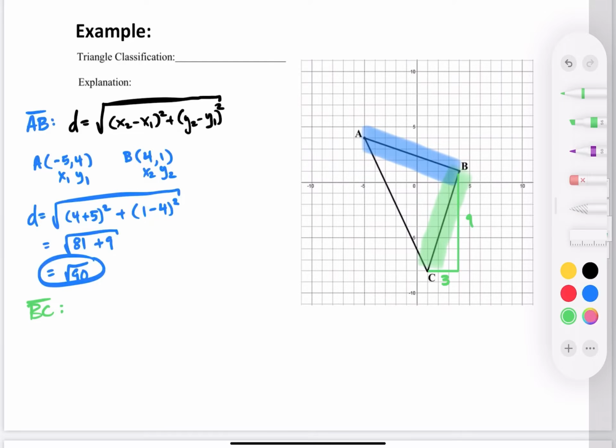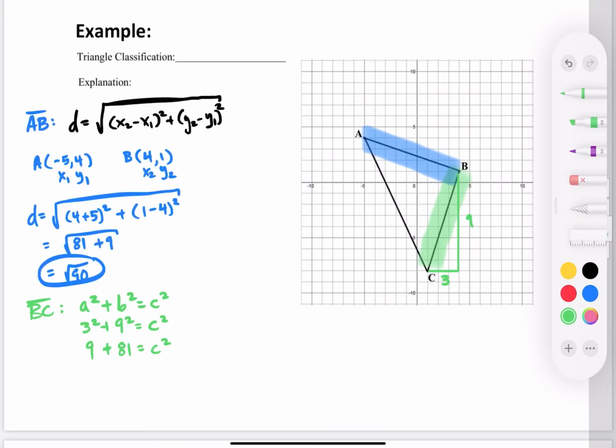So that means if I plug it into my Pythagorean theorem, a squared plus b squared is equal to c squared, I'm obviously missing that hypotenuse. So I'm going to calculate what that hypotenuse is. So that means 3 squared plus 9 squared is equal to c squared. Well, 3 squared is 9. 9 squared is 81.